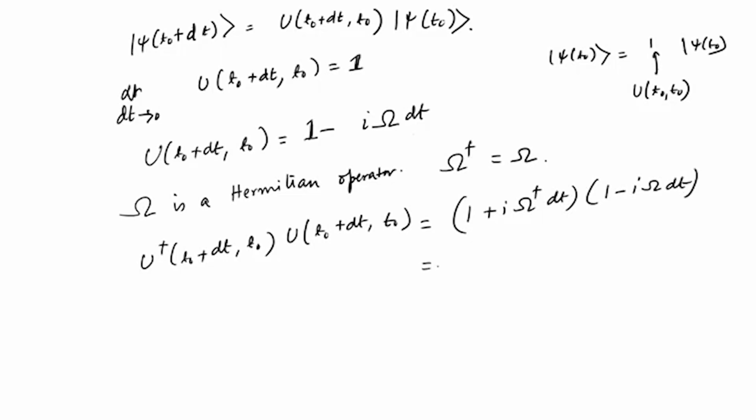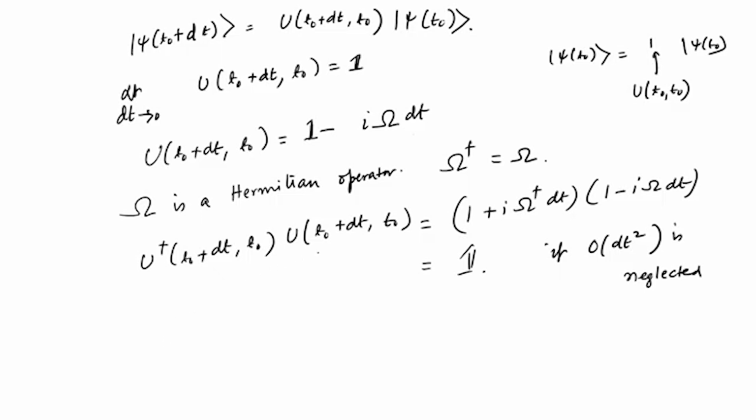So this is equal to 1, if of course we neglect terms which are of the order of dt square, where of course we have used that omega dagger equals omega. So now this omega can be identified.